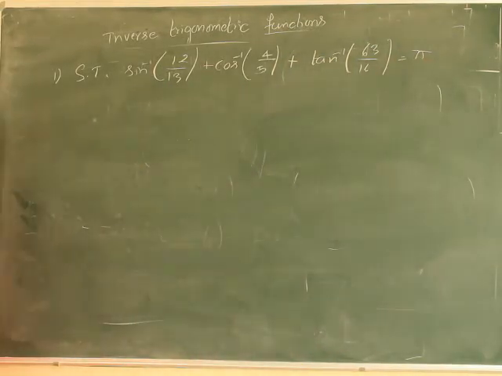So what we have to do now? The question is show that sine inverse of 12 by 13 plus cos inverse of 4 by 5 plus tan inverse of 63 by 16 is equal to pi. So this one we have to prove now.